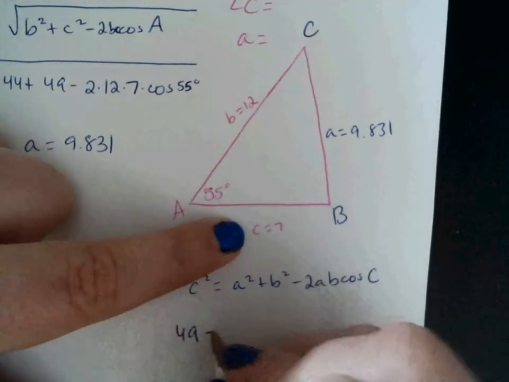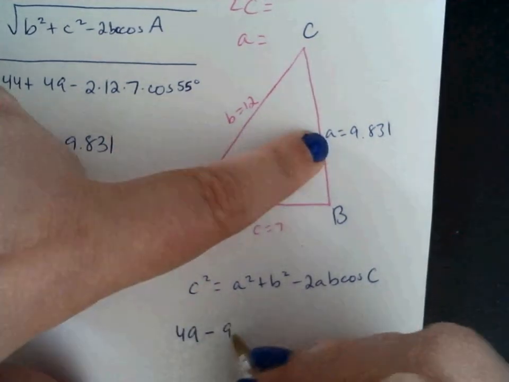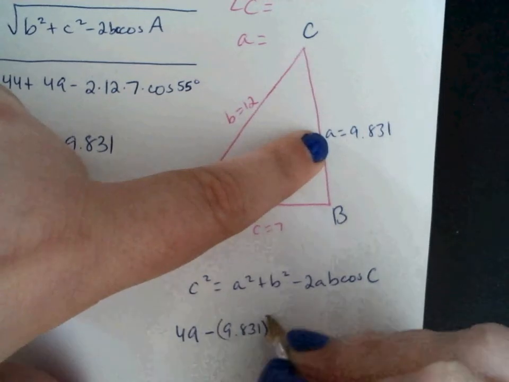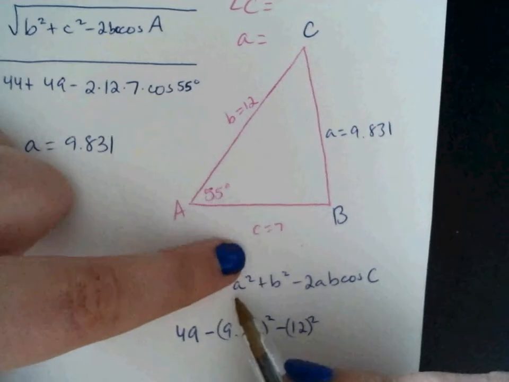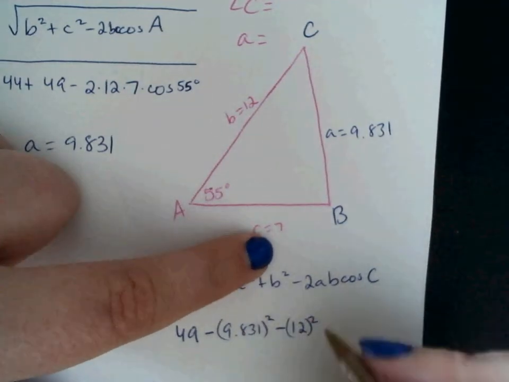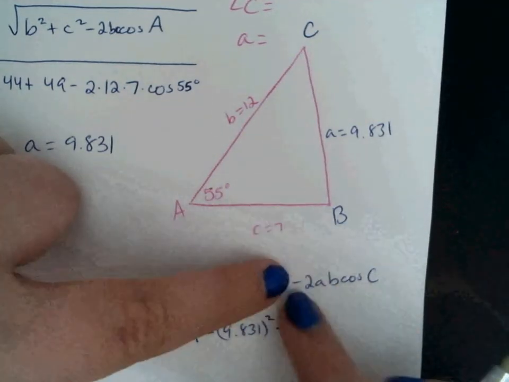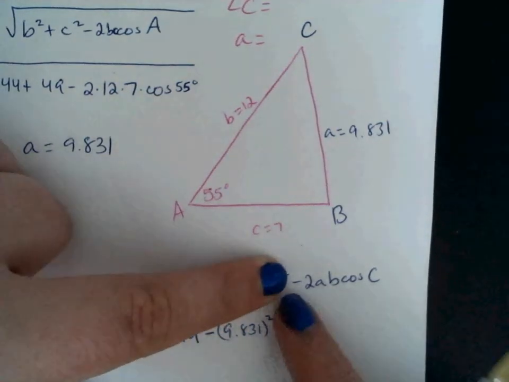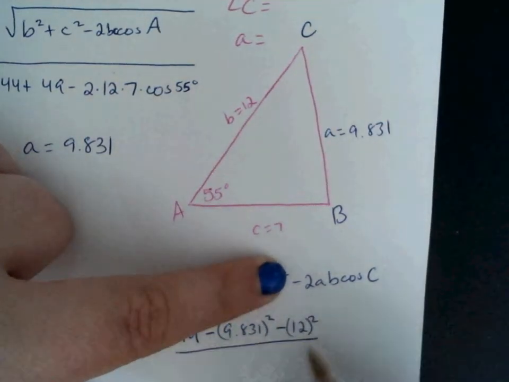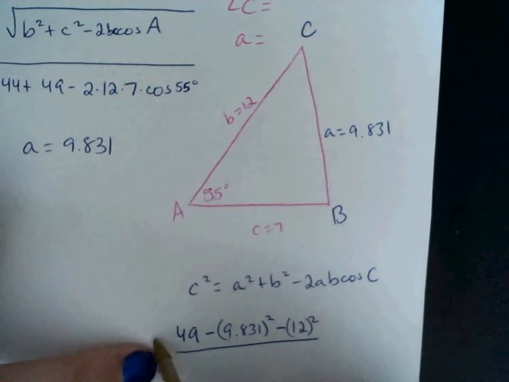So we're going to take C squared, 49. We're going to subtract A squared, 9.831 squared. We're going to subtract 12 squared, B squared. So we subtracted A squared and B squared, and those are gone. Now we need to divide by negative 2AB, and it's okay if we put the negative down there.